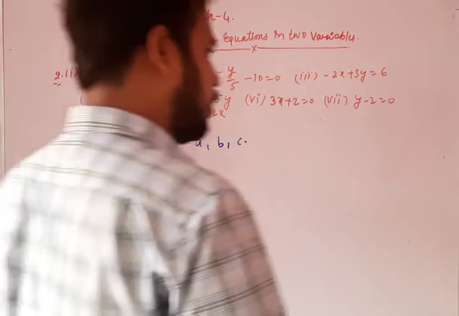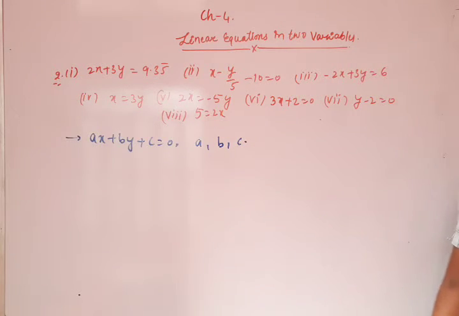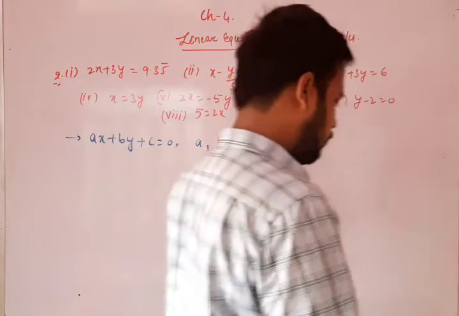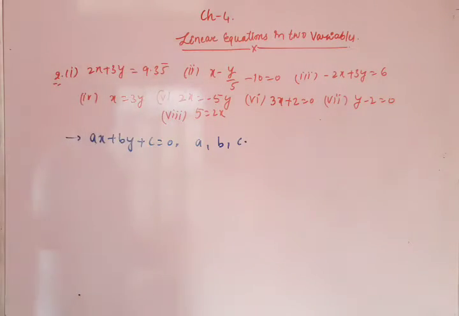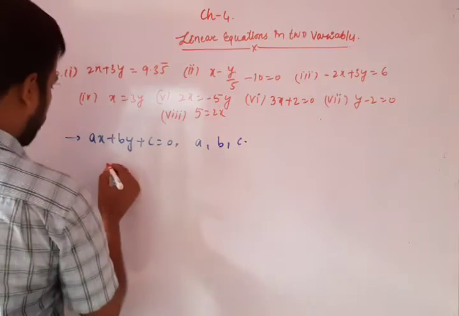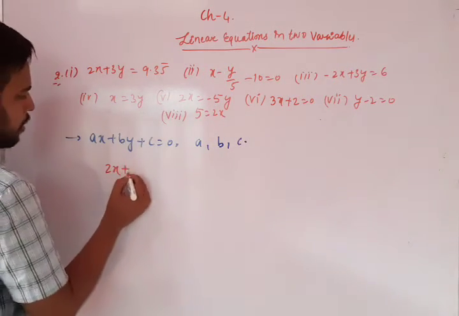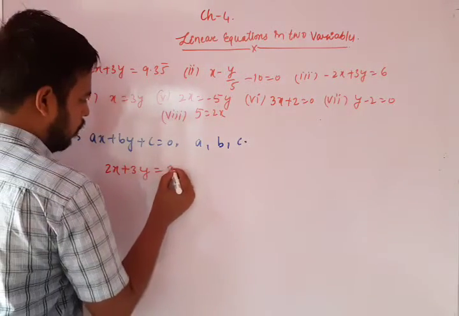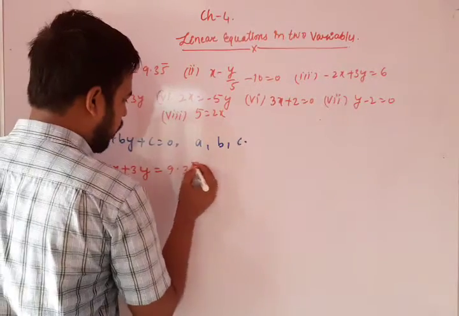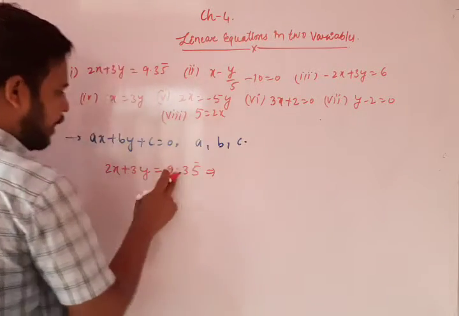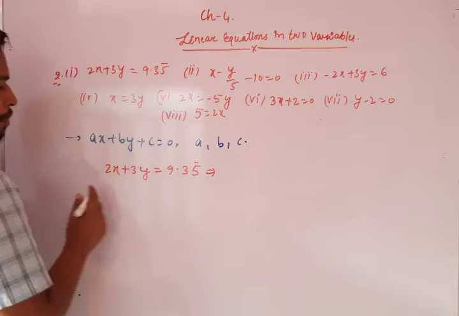Now, coming to questions. The first question is 2x plus 3y equals 9.35 bar. When you bring this to this side, it will become minus.